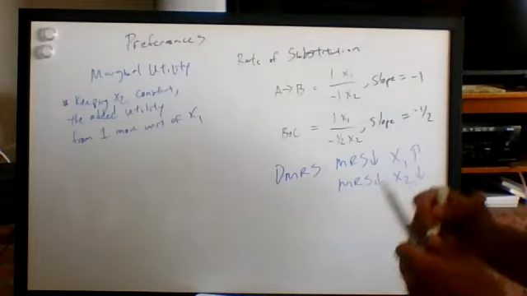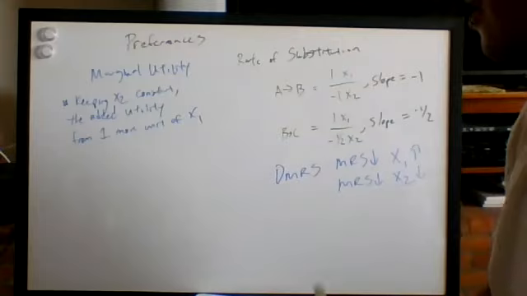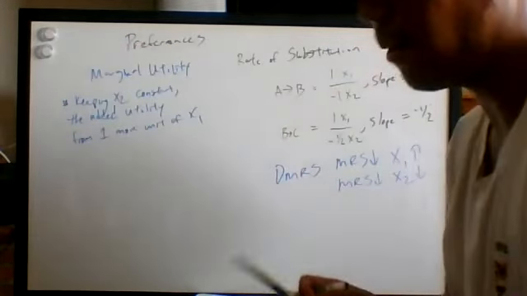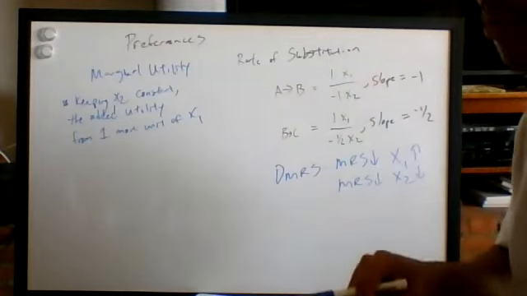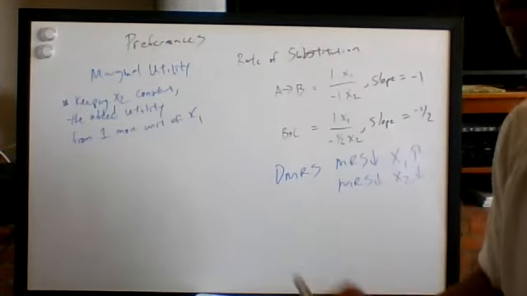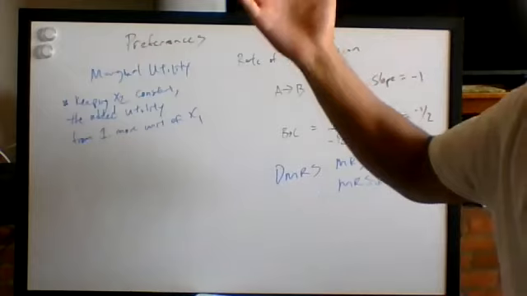And you can apply this to the marginal utility of x2 as well. This is the marginal utility of x1. It says that I'm consuming the same amount of x2 as I was beforehand, but I'm only increasing my consumption of x1. It's how much that extra unit of x1 adds to my overall utility.